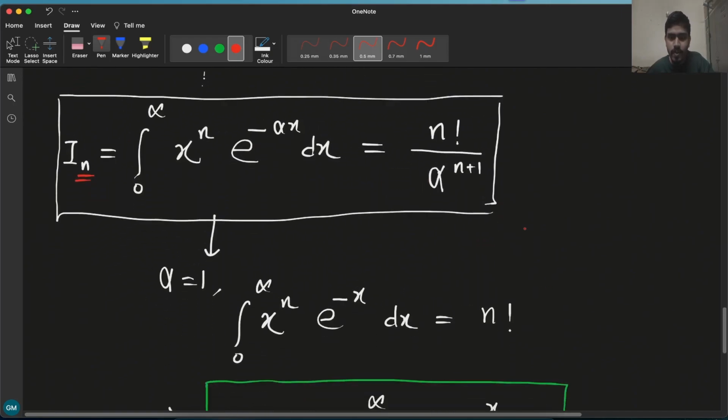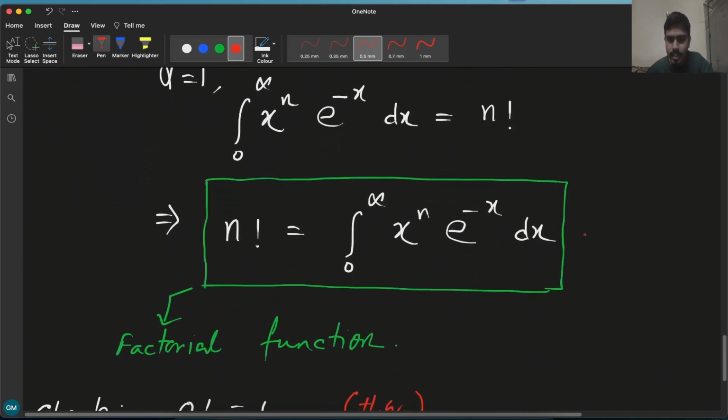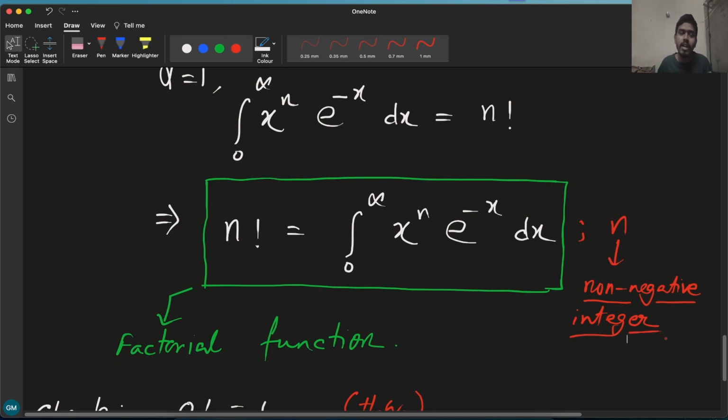So this n is basically a non-negative integer. So factorials are defined like, for example, n factorial, the n should be a non-negative integer. That's what we have learned in our 10 plus 2 mathematics.